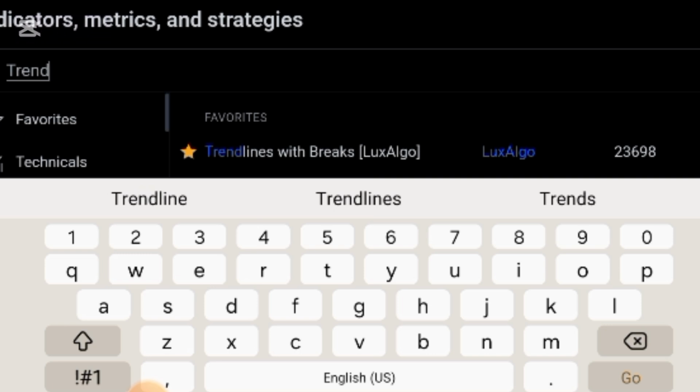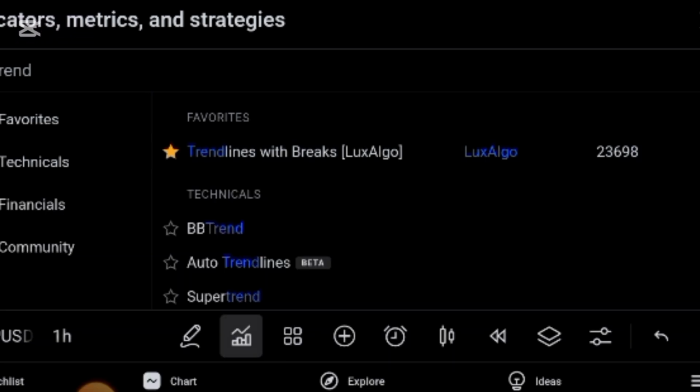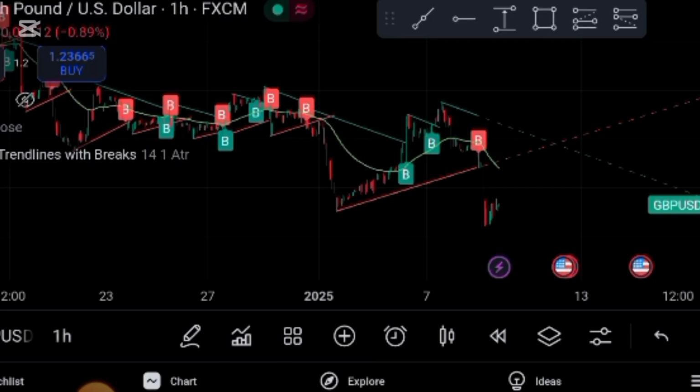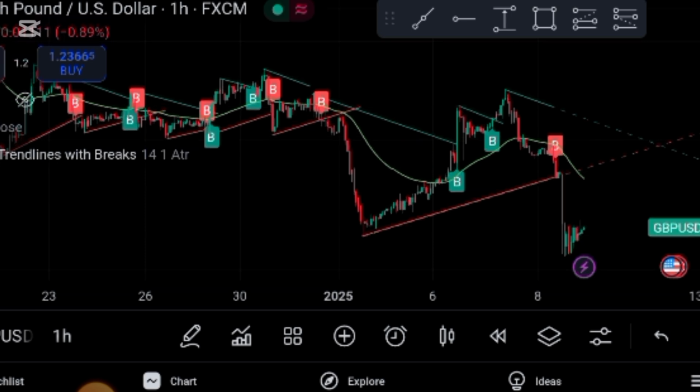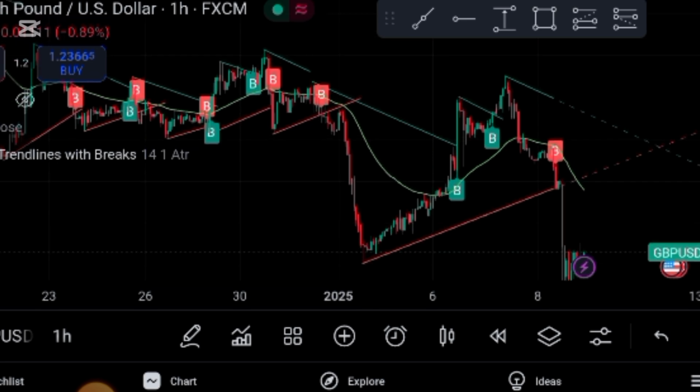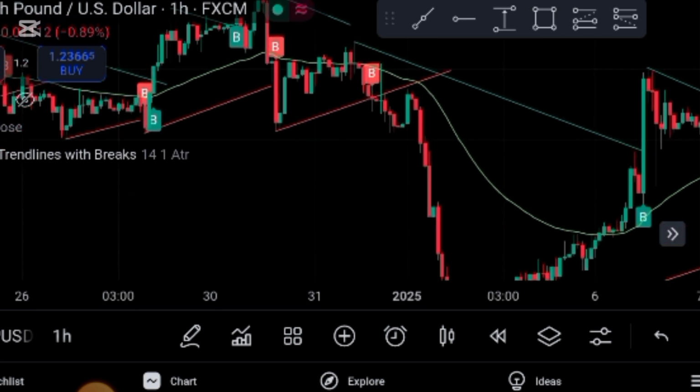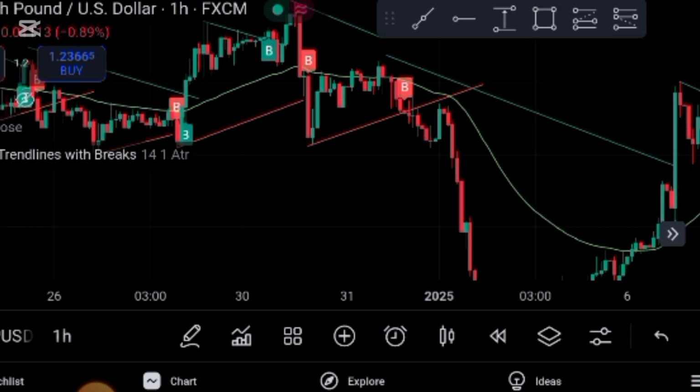You can say trend line with breaks and add this indicator here. Voila, you guys, this indicator right here just draws all of the trend lines for you to make your life a lot easier. You don't even need to learn how to draw a trend line when you have this indicator.